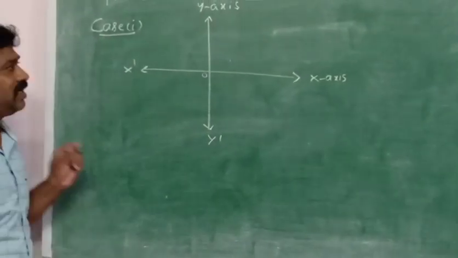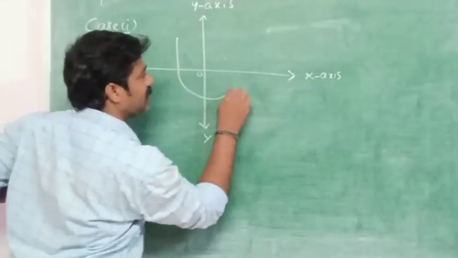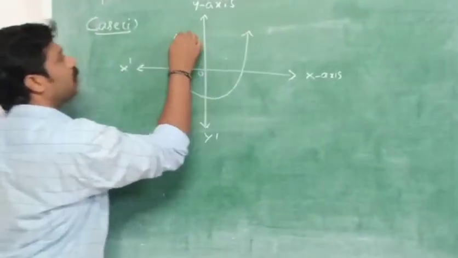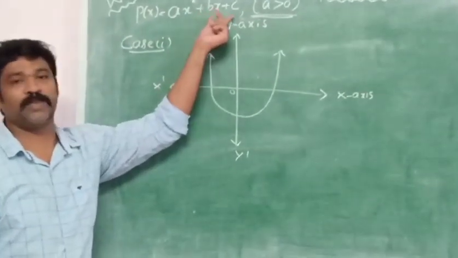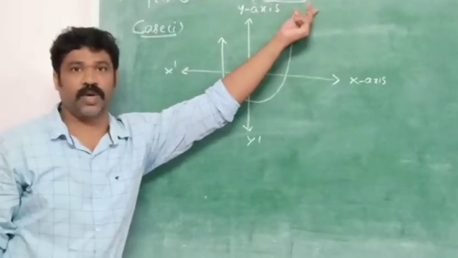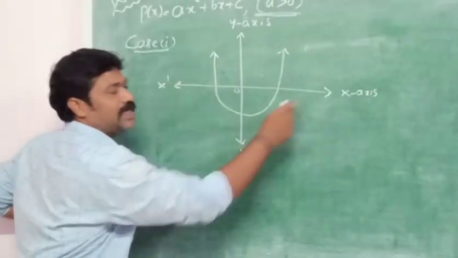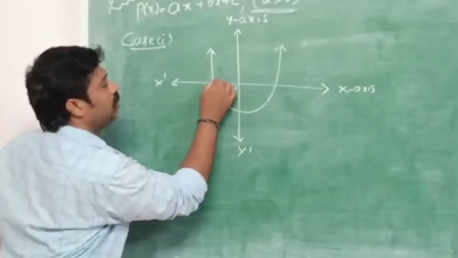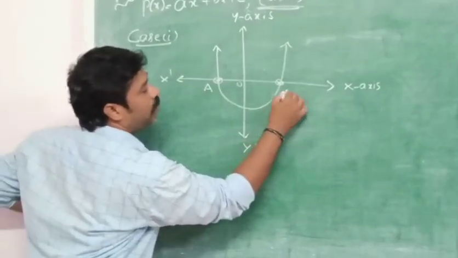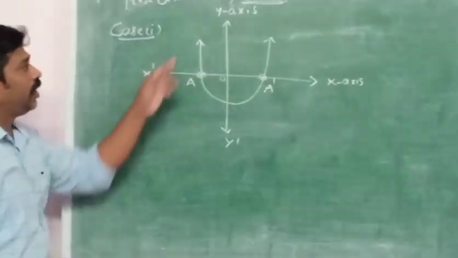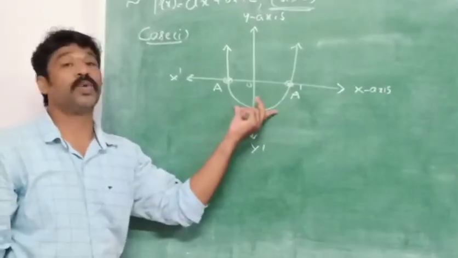And the first case is, the graph may cut the x-axis at two different points. So if a value is greater than 0, one of the possibilities is that the graph cuts the x-axis at two different points. So this is one point and this is another point. Let it be a and this as a dash. So if this graph cuts the x-axis at two different points, then we know that we will get two zeros.